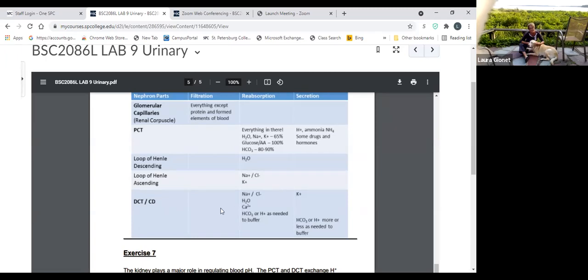Calcium, parathyroid hormone, or PTH. We don't want to forget that because we can reabsorb calcium there. And then we can reabsorb or secrete bicarbonate. So here under reabsorption, we have bicarbonate and hydrogen as needed to buffer. And over here on the secretion side, bicarbonate and hydrogen ions, more or less as needed to buffer the blood.